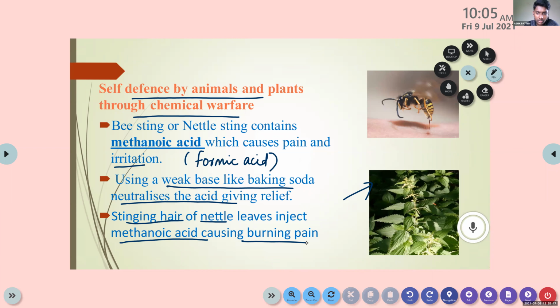Some cosmetic products are labeled with a pH value, suitable for our skin. For infants, it is a higher pH.